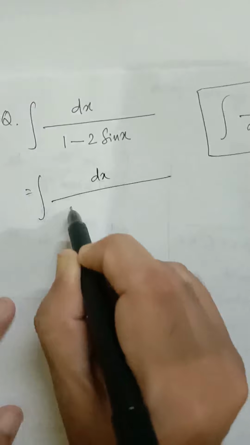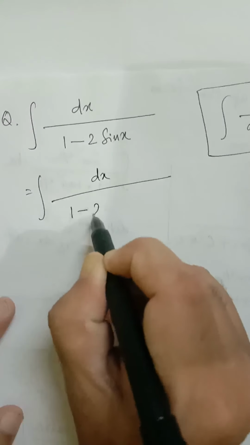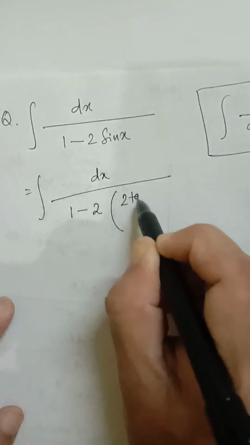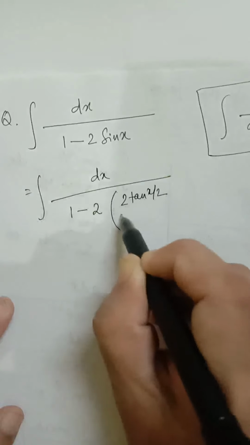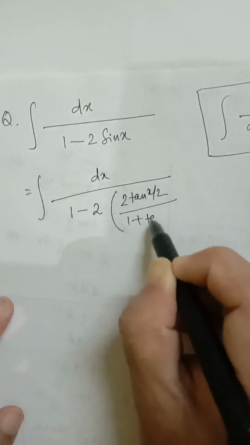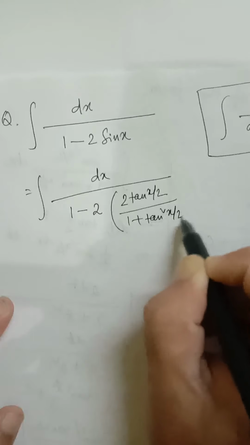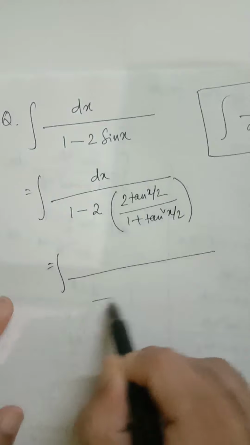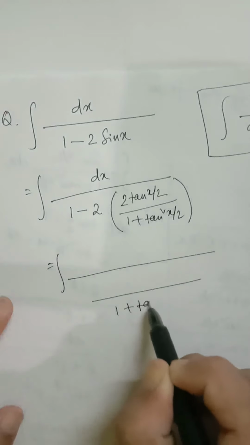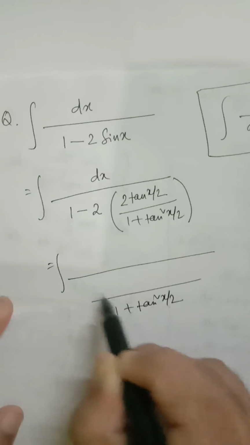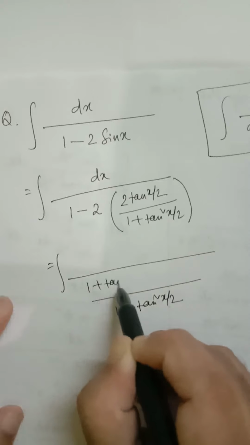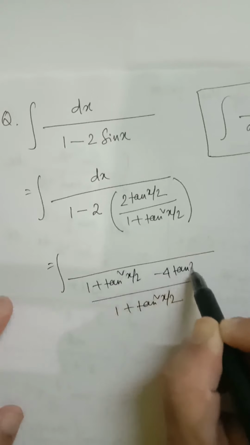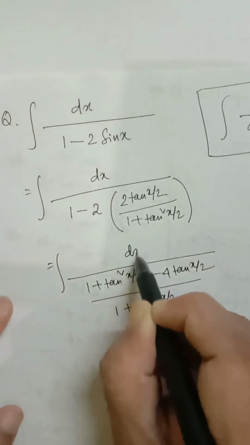So we'll get dx by 1 minus 2 into the formula for sin x in terms of tan, which is 2 tan x by 2 by 1 plus tan square x by 2. Next we will take LCM. In the denominator, the LCM is 1 plus tan square x by 2, and this will be 1 plus tan square x by 2 minus 4 tan x by 2 dx.